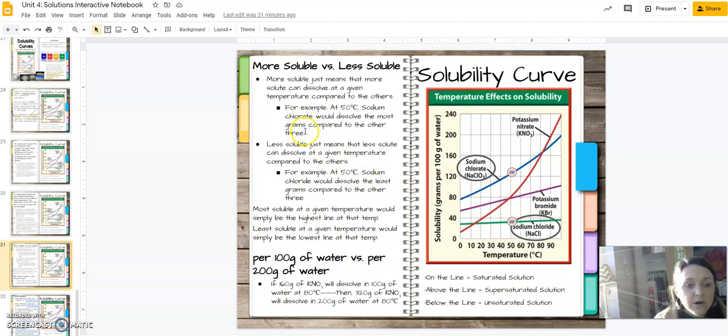So for each example at 50 degrees, sodium chlorate would dissolve the most because it's the highest. Sodium chloride dissolves the least. It will only dissolve 39 grams at that temperature.